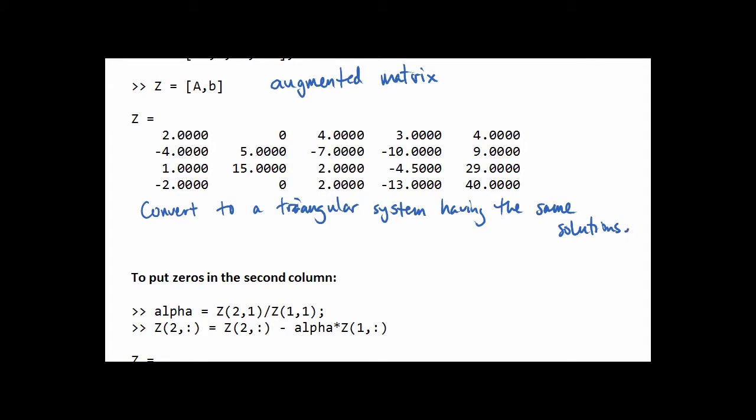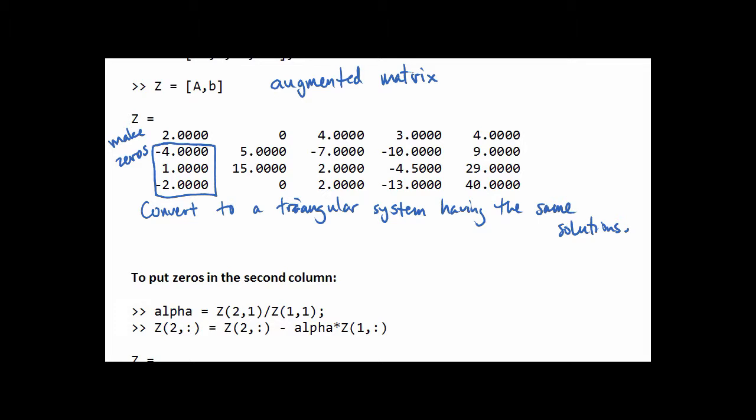And the mechanism for this is to essentially manipulate the matrix in such a way that we introduce zeros. So the system we're going to aim for is upper triangular, and what we do is we start in the first column by putting zeros here below the diagonals. Then we'll work on the second column, the third column, and then we'll be done.